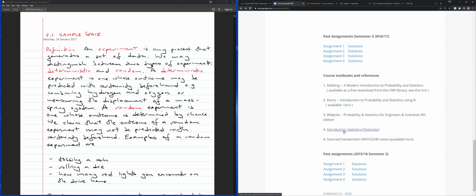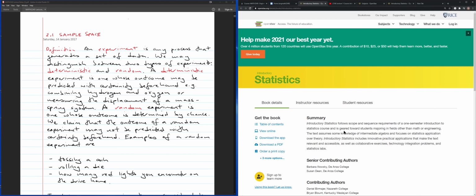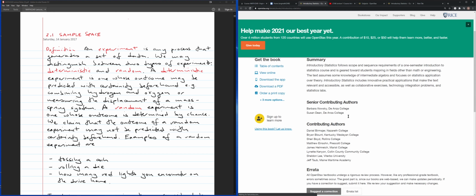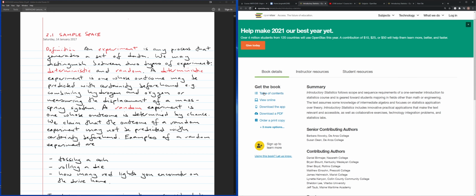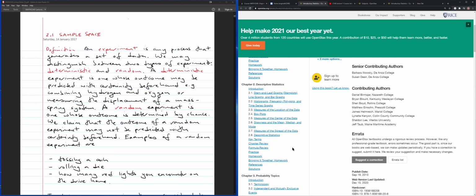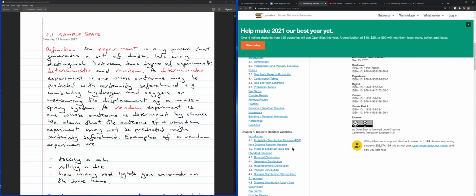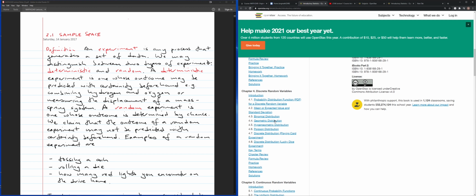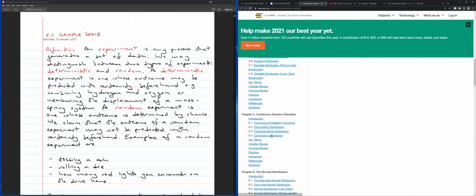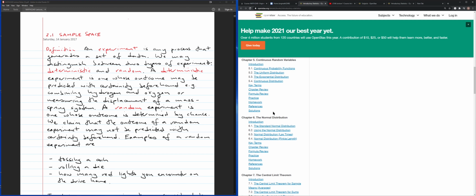There's also this site here, which is basically a probability and statistics textbook. It has embedded exercises in it. We're not going to cover everything in this website, obviously.